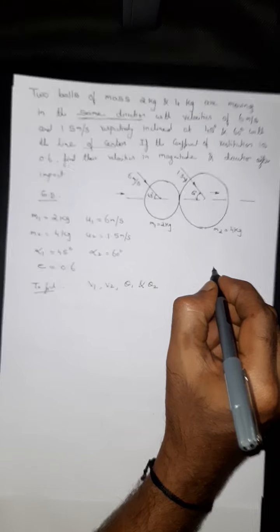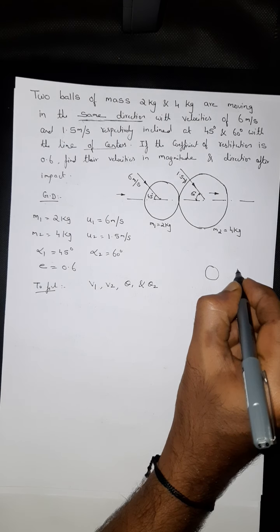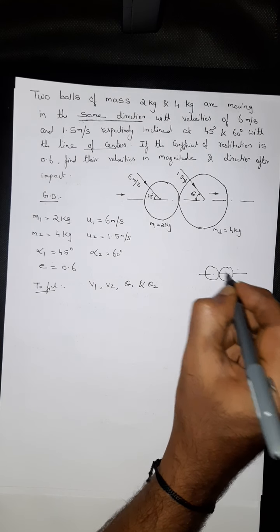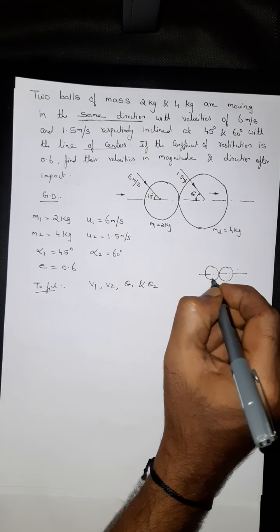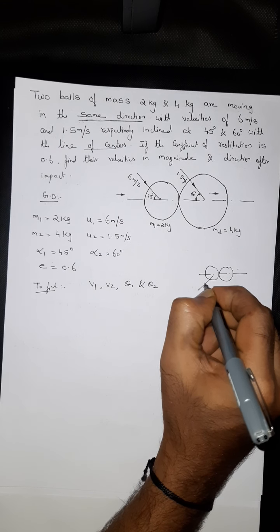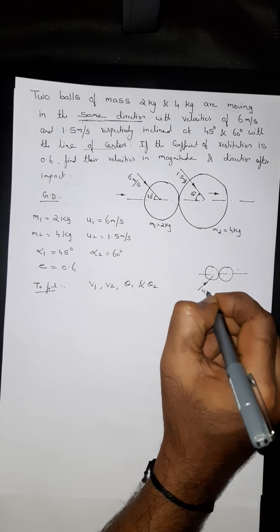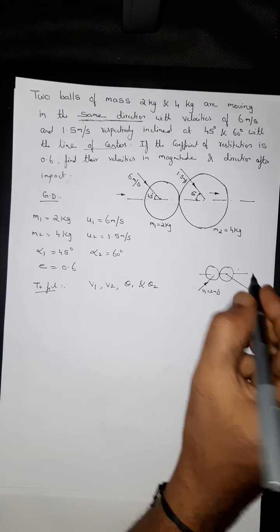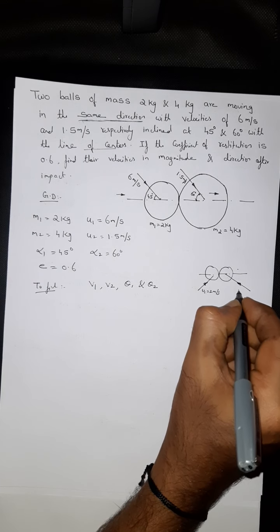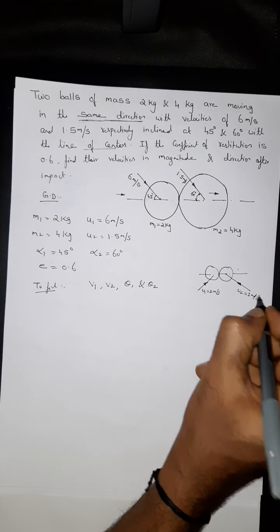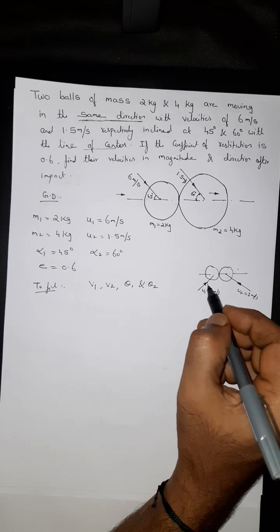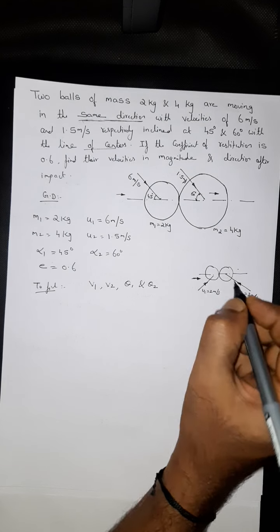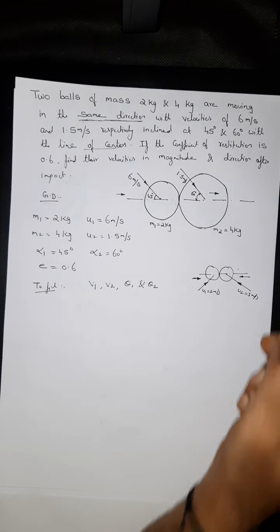Let me just explain with an example. Suppose a body whose initial velocity u1 is 2 meter per second, assuming, and u2 as 3 meter per second, for an example. Look here, the horizontal component of the first is in this fashion, and the horizontal component of the second is in this fashion.